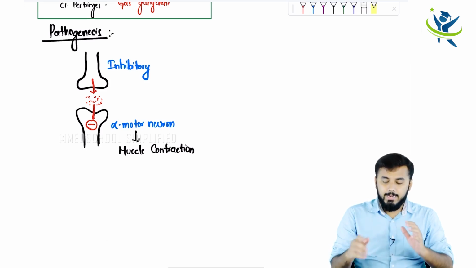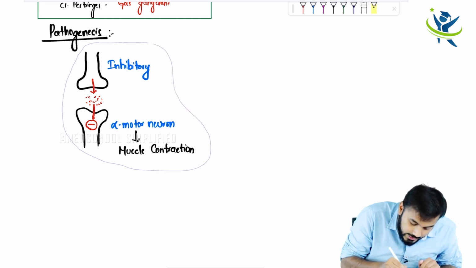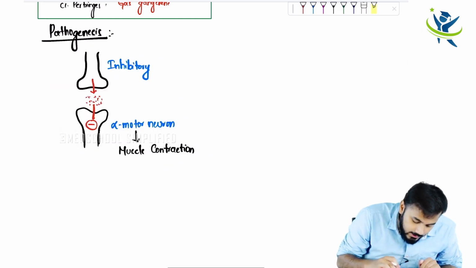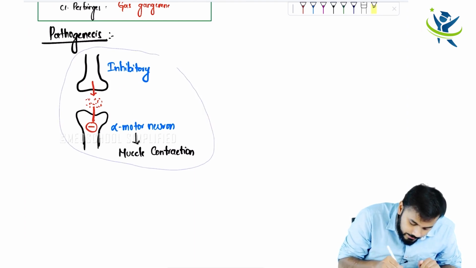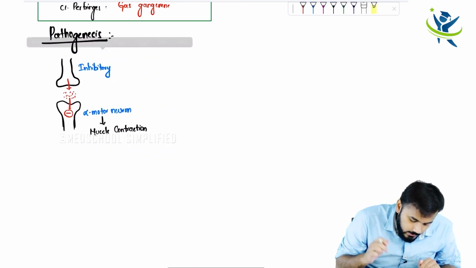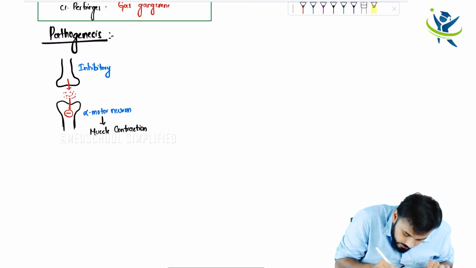Now this is a general idea, guys. Now let me enter into the details of what is happening. Then I'll apply the real concept of what is happening in this Clostridium tetani. Now look at the picture here. The same picture I will be drawing. There will be no confusion here.